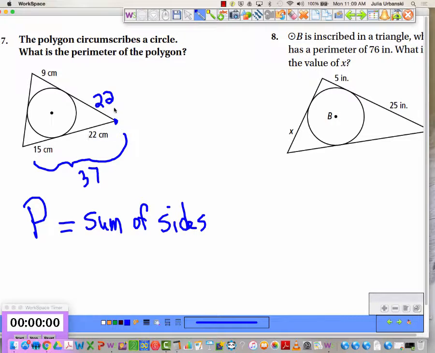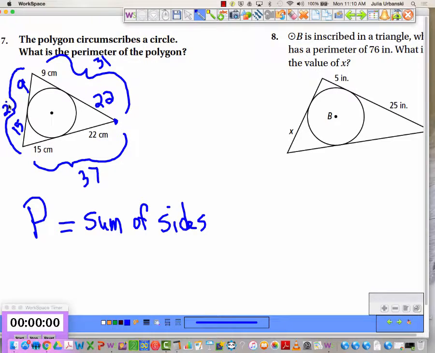Well, that's only from here to here. So if you're going to find the whole side, it would be 31. That's only from here to the circle and here to the circle. Those two sides will have to match. This one's 9. What's this side going to be? 9. And what's that whole side going to be? 24.